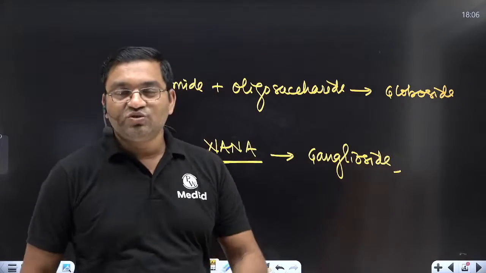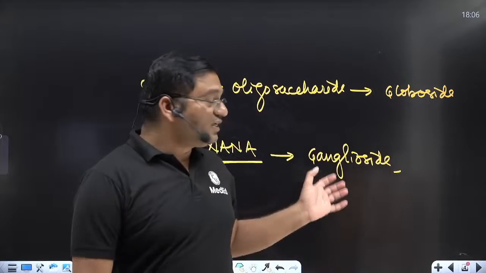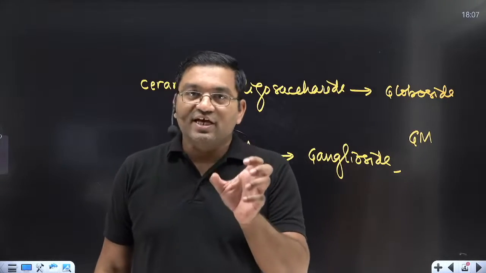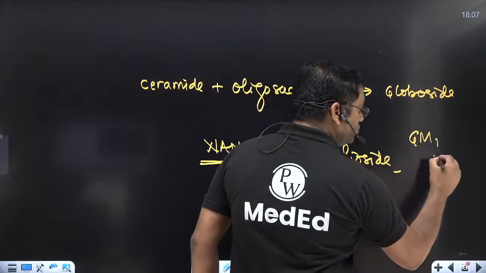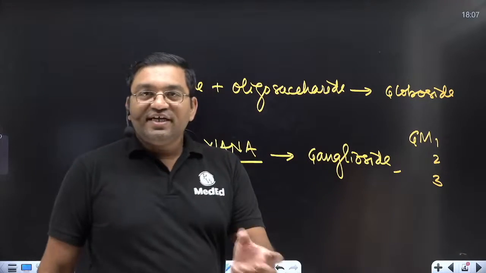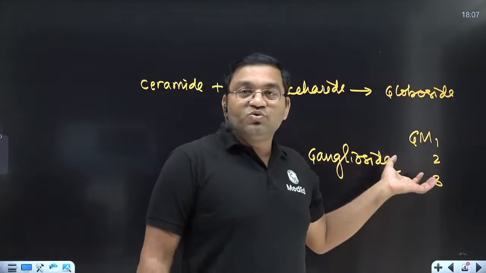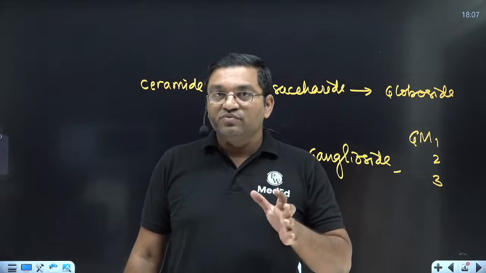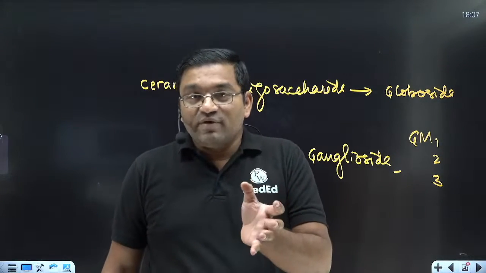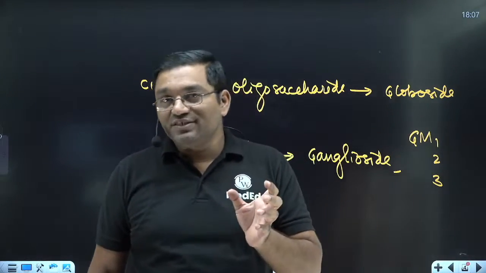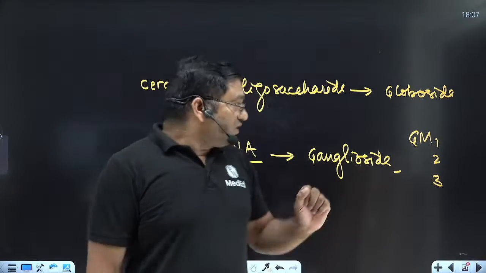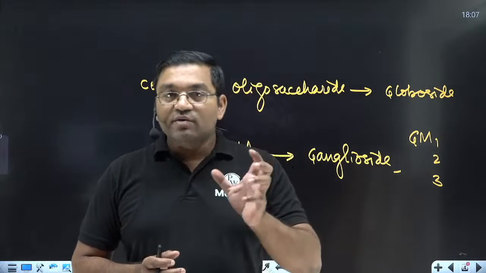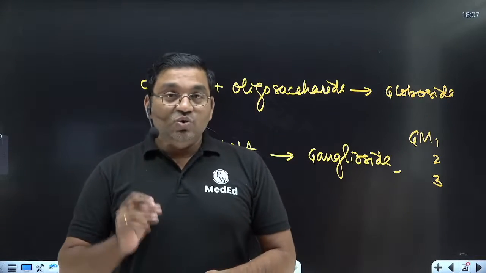Ganglioside, GM1, GM2, GM3, depending on the chromatographic separation. GM means ganglioside monosialo, GM1, 2 and 3. Depending upon the accumulation of GM1, GM2 or GM3, the name is given to the disorder, gangliosidosis. GM2 gangliosidosis, which is common, is Tay-Sachs disease, Sandhoff disease. Got it? So these are some things to keep in mind when you read about lysosomal storage disorders. But don't forget to read.